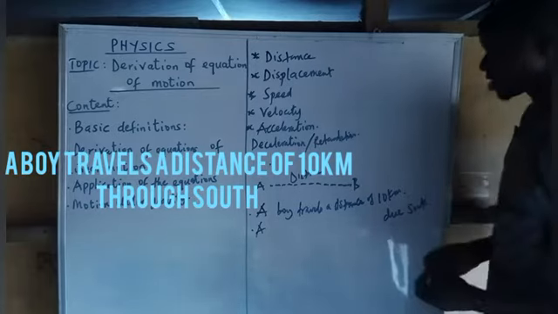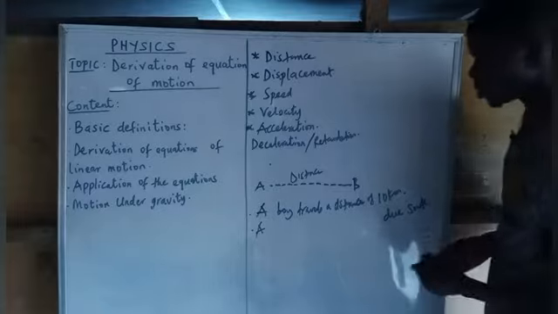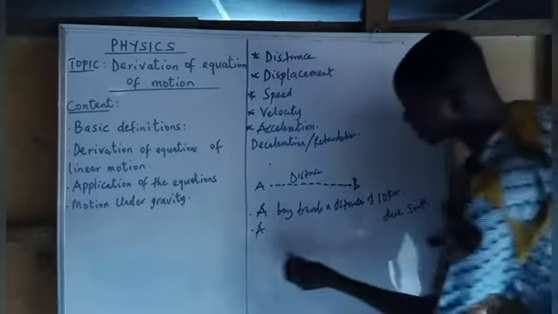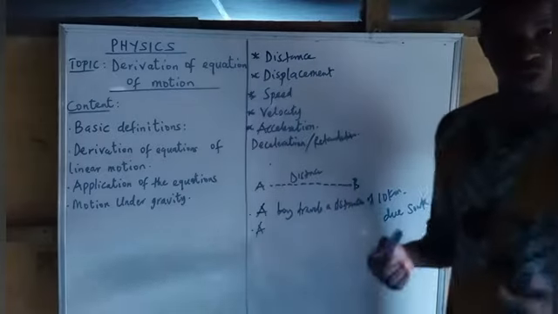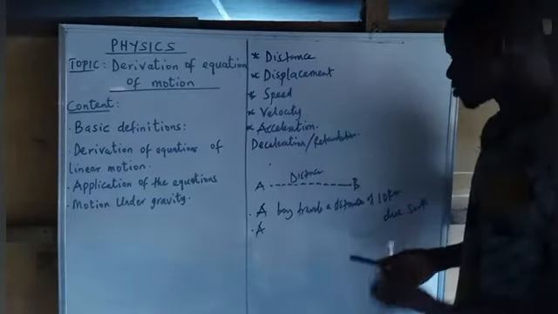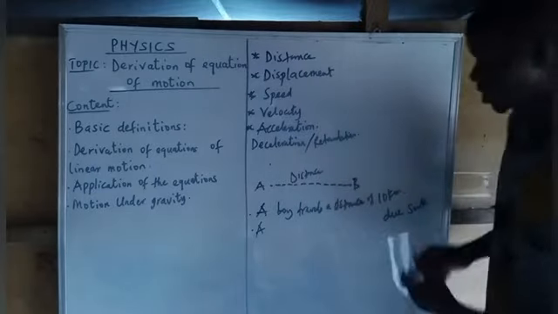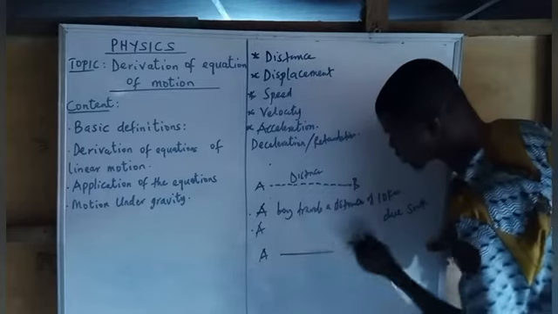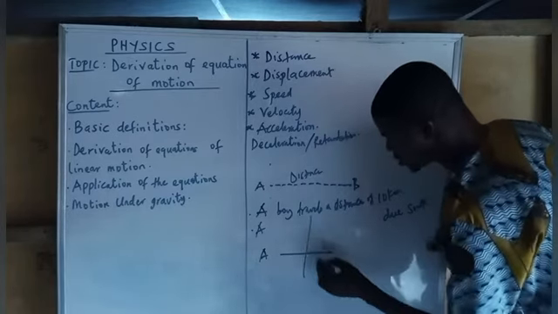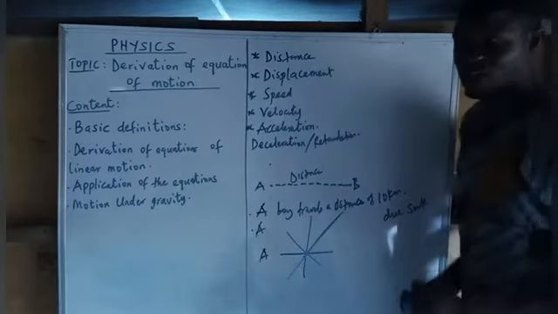For the first one, I did not tell you whether it is to the north, the south, the west or the east. That is why distance is just a space between two bodies. The boy can travel 10 kilometers either this way or this way, because I did not specify the direction.